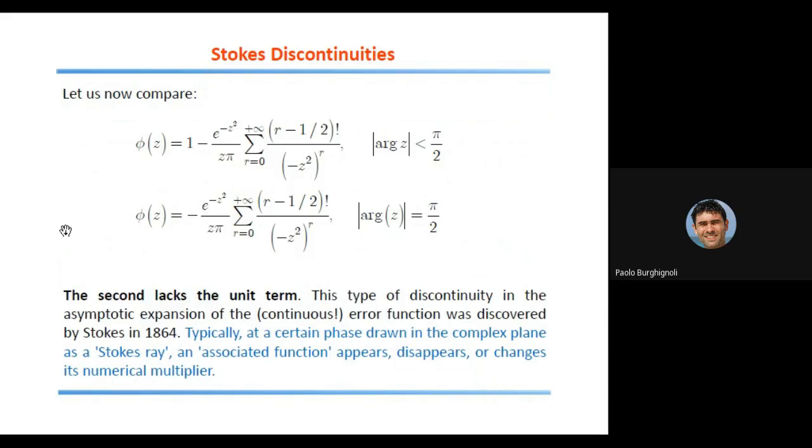A Stokes discontinuity is the abrupt appearance or disappearance of some term, some associated function, as they call it. In this case, it is the constant one, from the asymptotic expansion as you change the phase or the argument of your variable z across some specific values, which in this example are exactly the values pi over 2 or minus pi over 2.